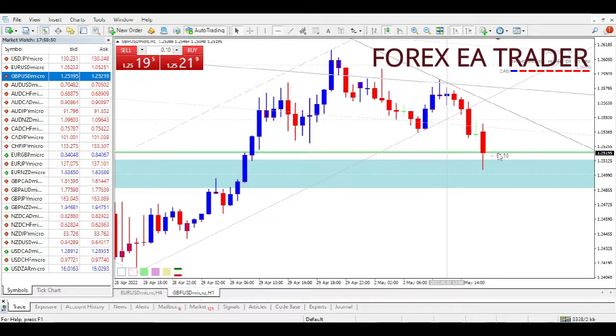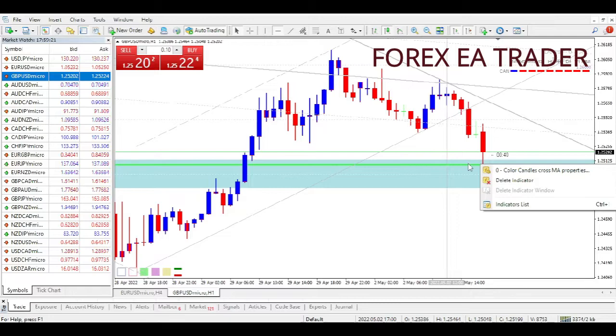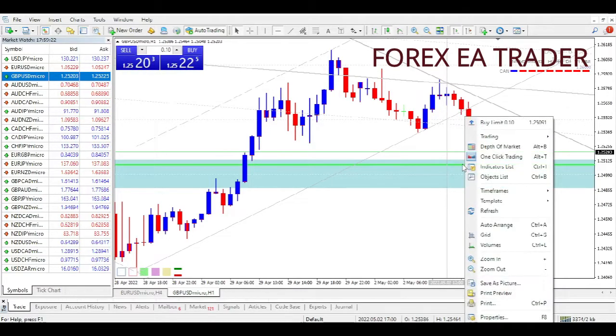Let's say price was there and we entered a buy or a sell, but instead of the broker actually filling our order there, taking our position there, you find that sometimes the order is only filled around there.